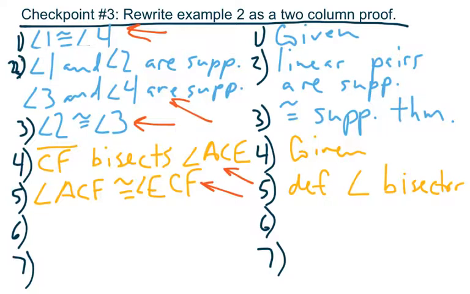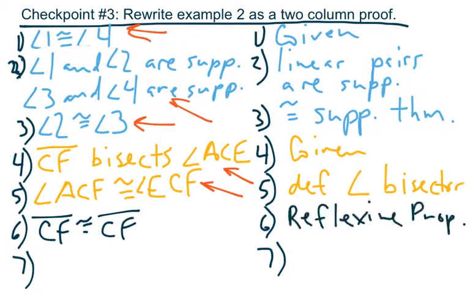Now, once we know 2 pairs of angles, we need a side. The side that we can get was that segment CF is congruent to segment CF. That segment is in both triangles, so we say it's congruent to itself by the reflexive property. And that's our side.